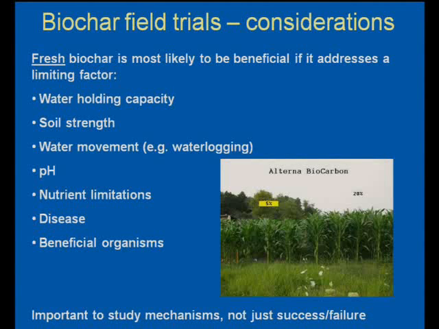So rather than going about it randomly, I think it's probably, at this stage anyway, better to think about why it might work, and it's only going to have a beneficial effect on productivity if it relieves some limiting factor to crop growth.